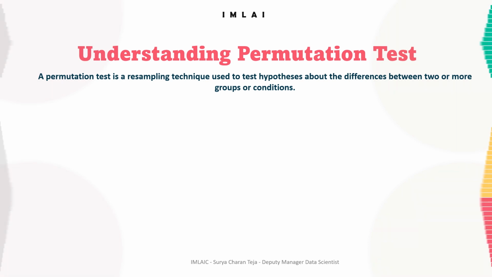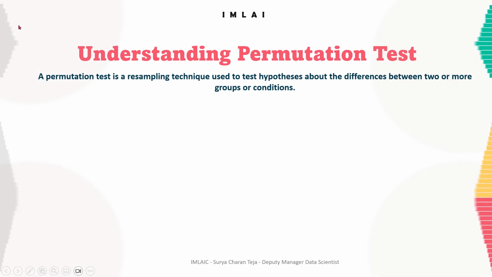So we then test the hypothesis by randomly drawing groups from this combined set and see how much they differ from one another. The permutation test is this. So now let's look into the procedure. But before we look into the procedure, I would try to explain the permutation test in a much simpler way.